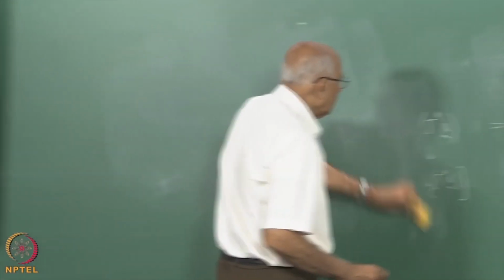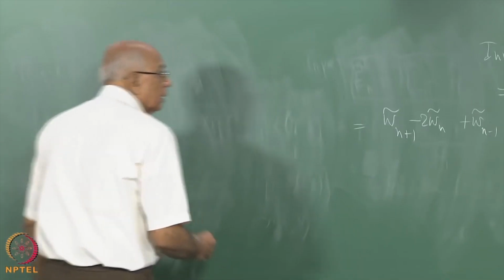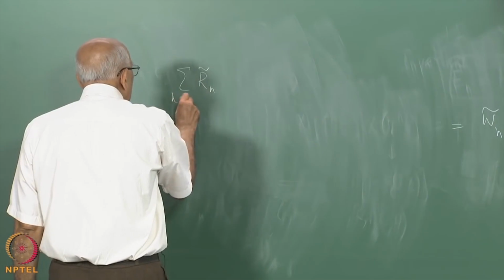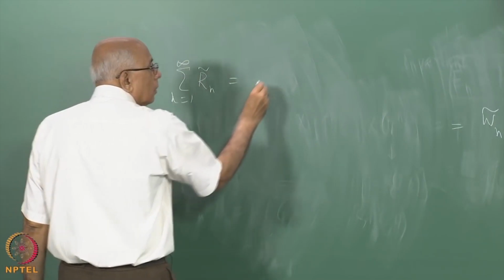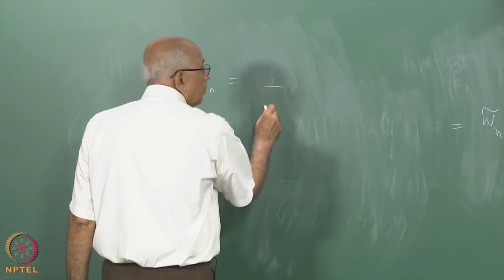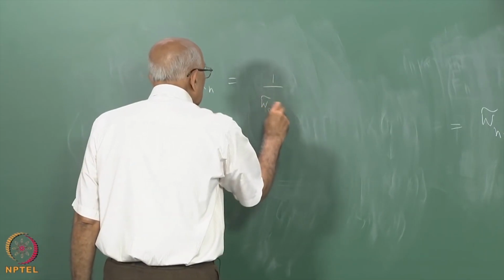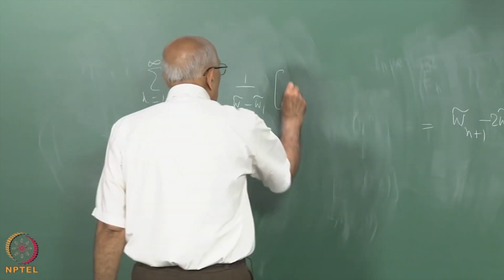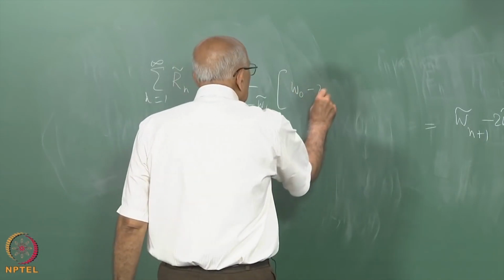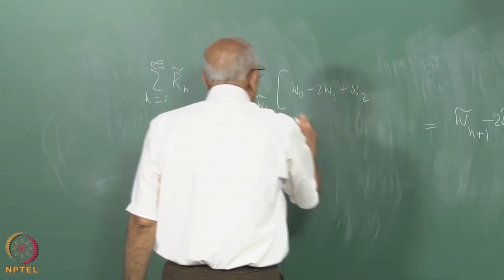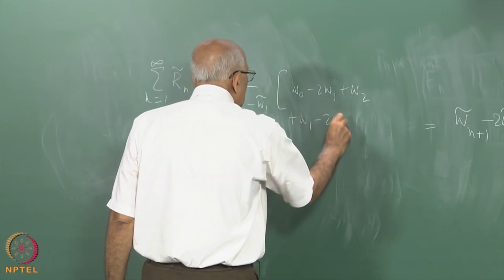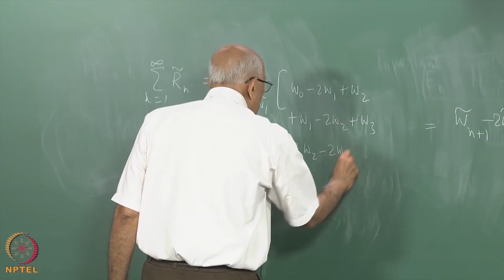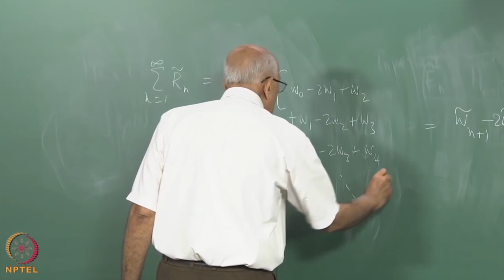Then we need to find the mean time. So the normalization would say that the sum of Rn tilde, n equal to 1 to infinity, is equal to 1 over the measure of C, that is W naught tilde minus W1 tilde, times R1 is W naught, let me just leave out the tilde, minus 2 W1 plus W2, plus W1 minus 2 W2 plus W3, plus W2 minus 2 W3 plus W4, dot dot dot here.